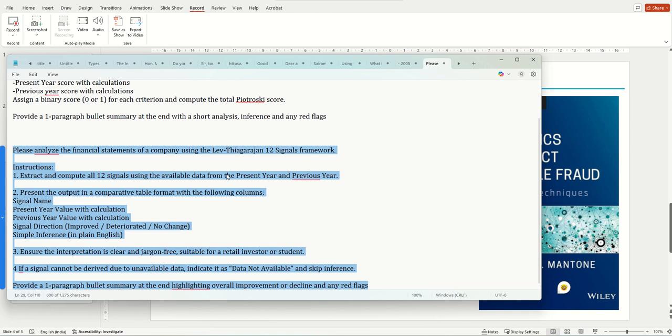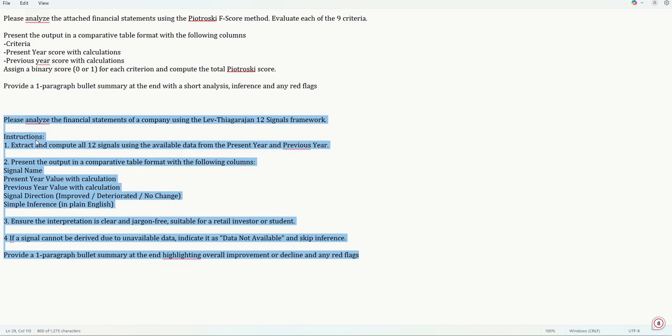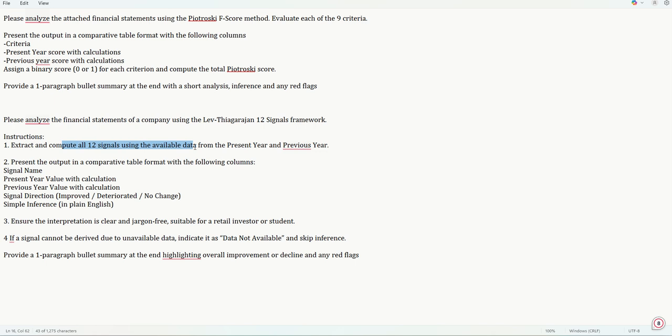Here, whatever you see is the prompt. Please analyze the financial statements using Lev Thiagarajan 12 signals. Instructions: compute all the 12 signals and present them for the present and previous year. This is the format: signal name, then present year with calculation.